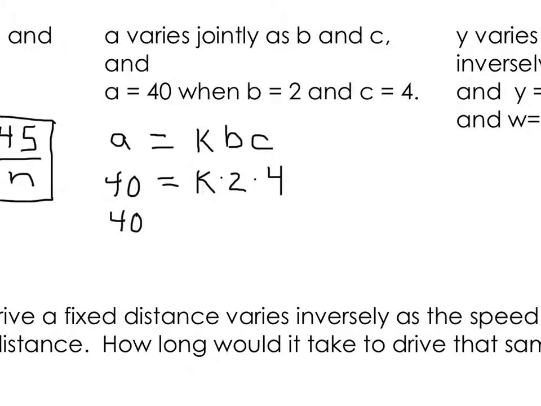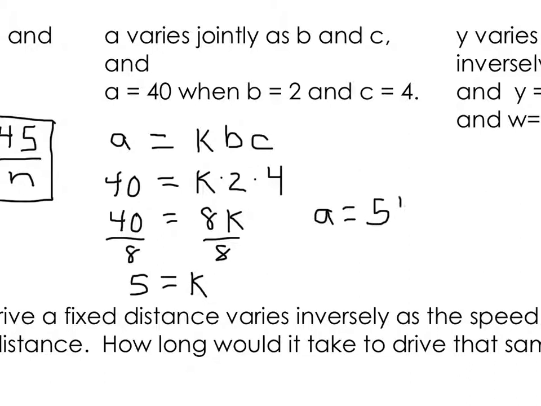So that's 40 equals 8k. Divide both sides by 8. So we isolate our k, and k is 5. So A equals 5BC.